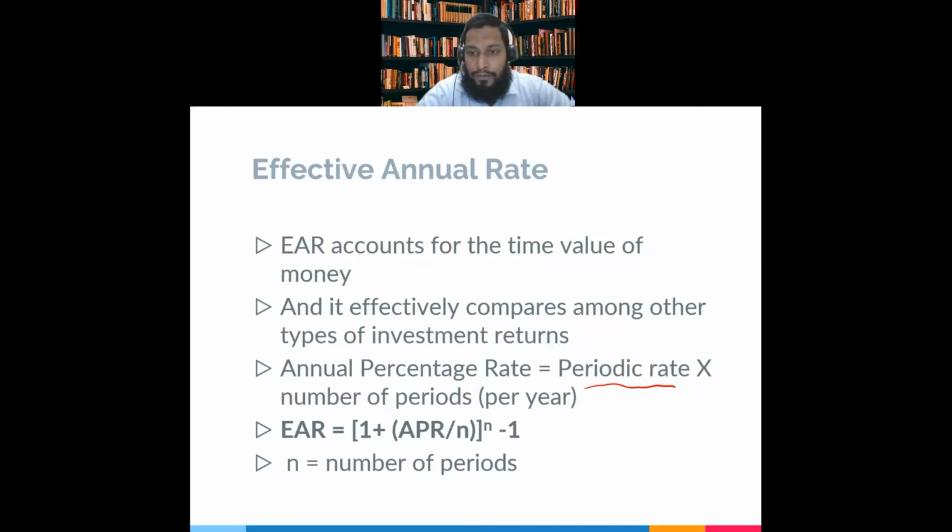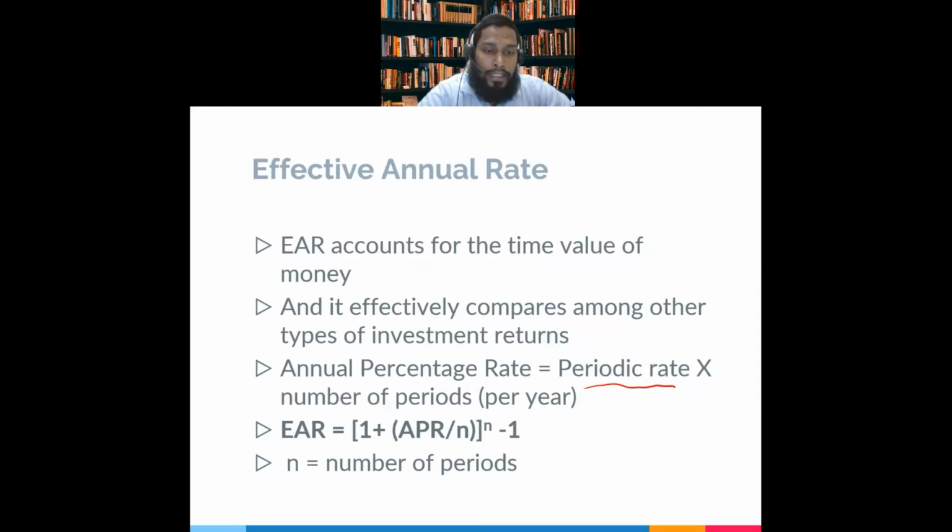If it is 12 months, we multiply by 12, or if it's quarterly, we multiply by 4. And after we get this APR, the annual percentage rate, then we can put it into the formula to get the EAR, or effective annual rate.